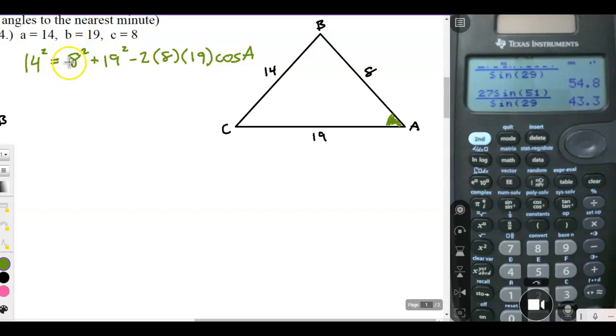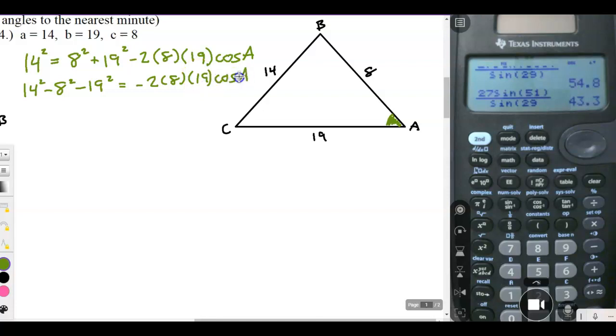My first step is to subtract these two, and that'll equal negative 2 times 8 times 19 times cosine A.